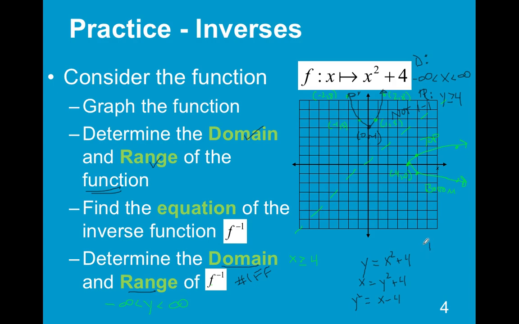You have 2 arms in your graph, therefore your equation must have the top and the bottom arm. And you may not use inverse function notation. Right? I can't use inverse function notation, because it was not one-to-one.